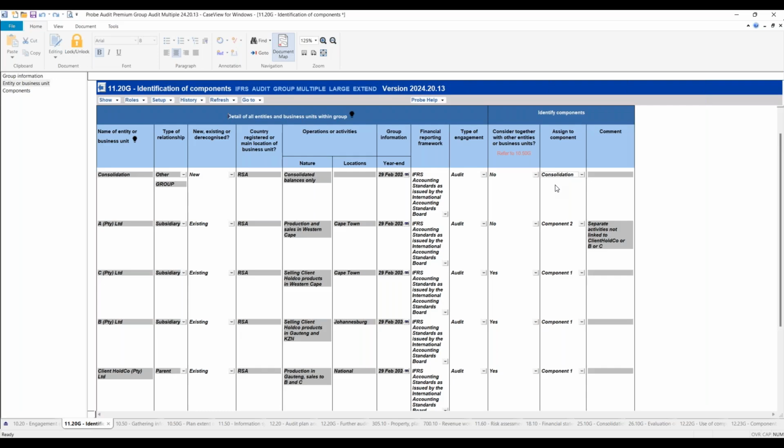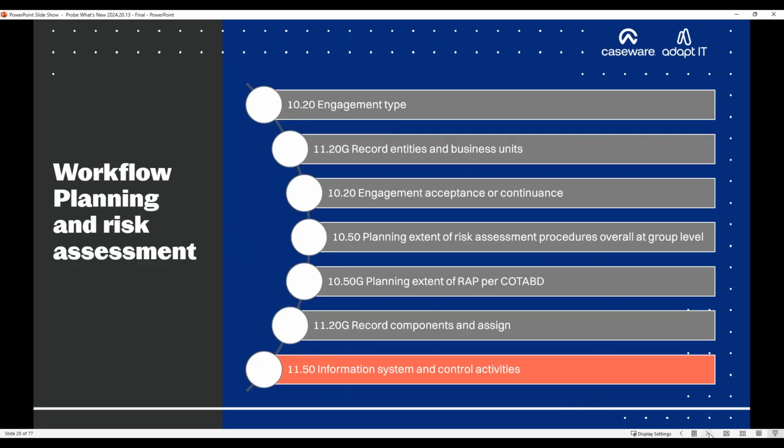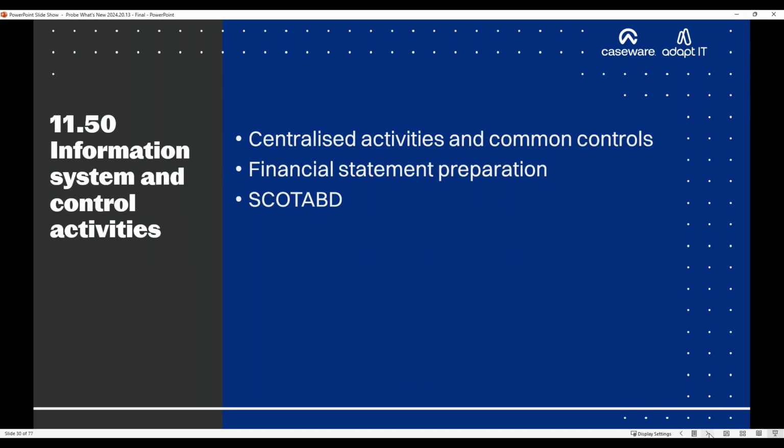Good. That was then the components, and we are then going back to understanding the information system and the control activities. So that's 1150. Now, we will only see sections for centralized activities and for common controls.